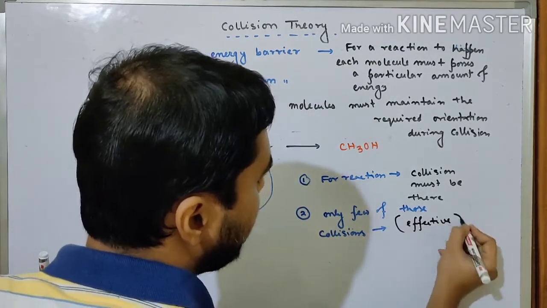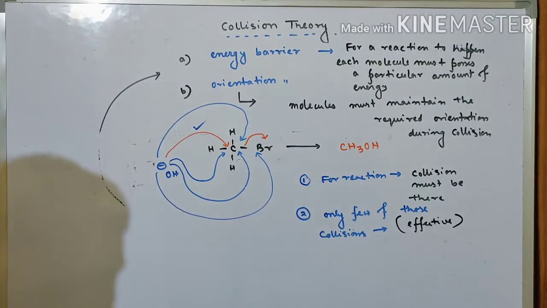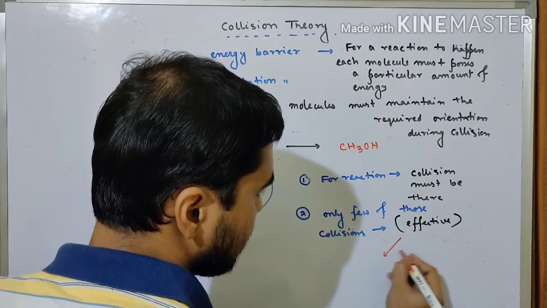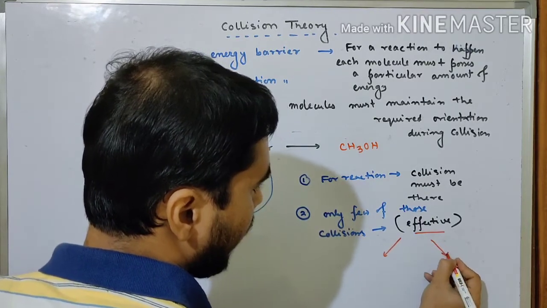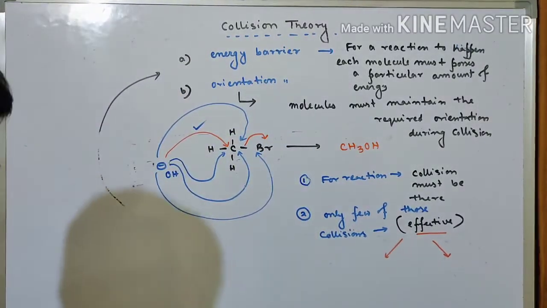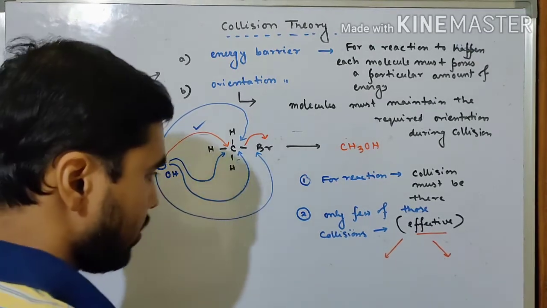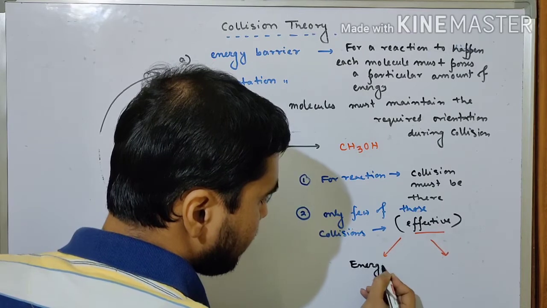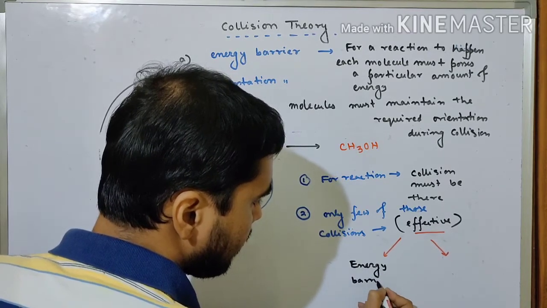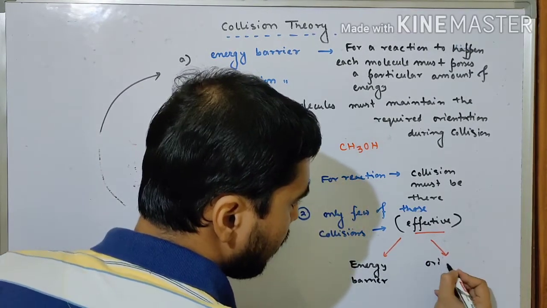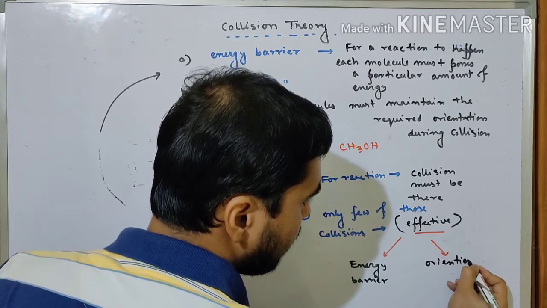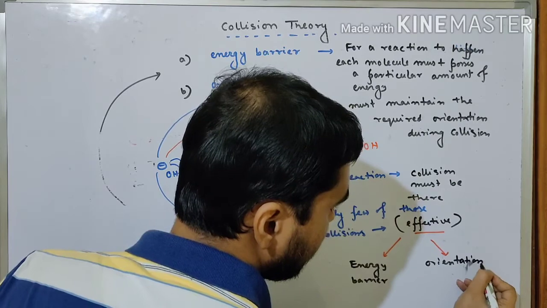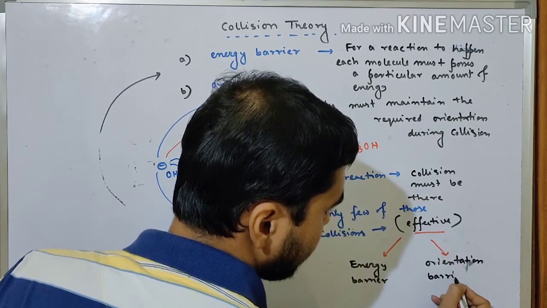Effective ones, very, very important. And in order to have the effective collisions, there are two factors. One is energy barrier. They must maintain the energy barrier, and they must be following the orientation barrier.